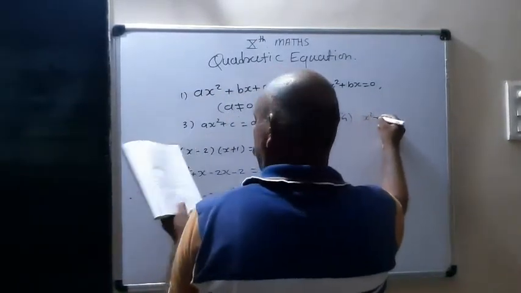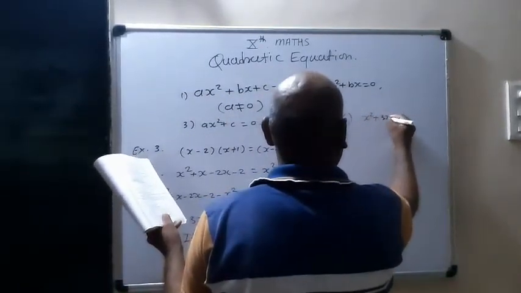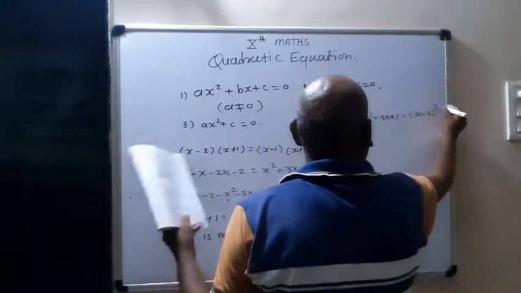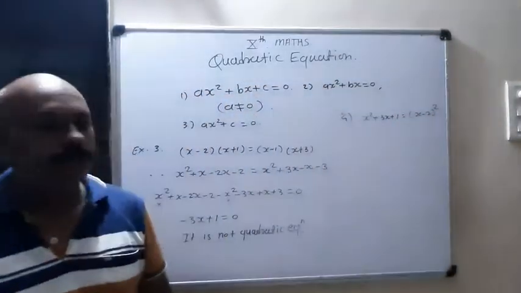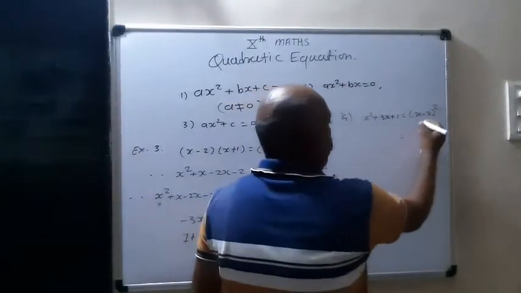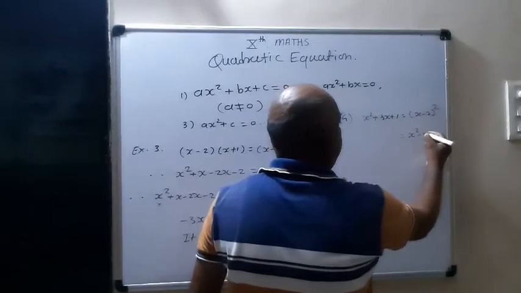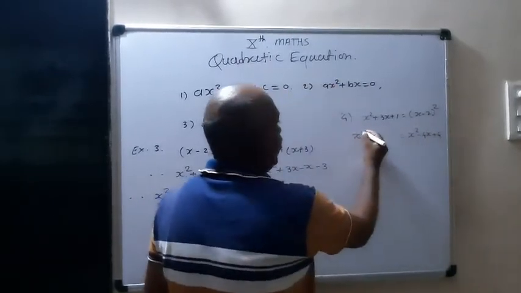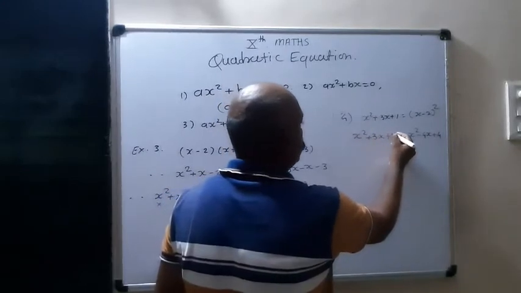x square plus 3x plus 1 is equal to (x minus 2) square. We first solve this bracket: x square minus 4x plus 4, here x square plus 3x plus 1.